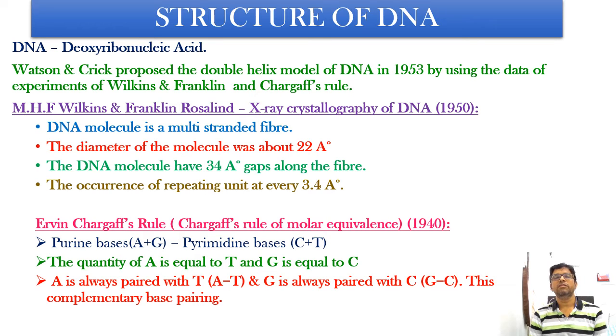In X-ray crystallography, X-rays are fired at a DNA sample and the scattered rays from the DNA sample are observed by catching them on photographic film, where the rays produce spots.